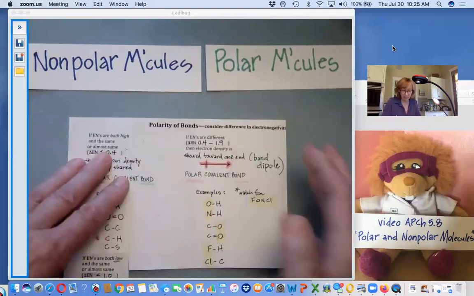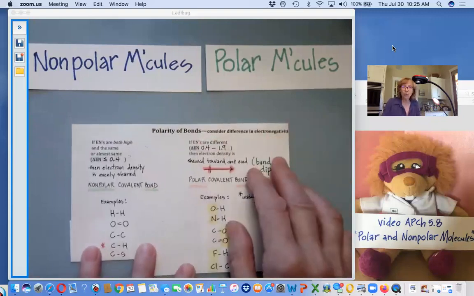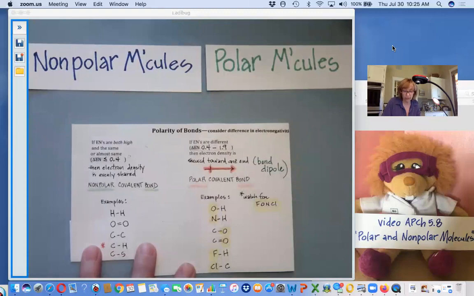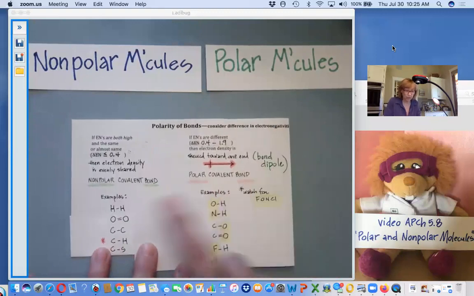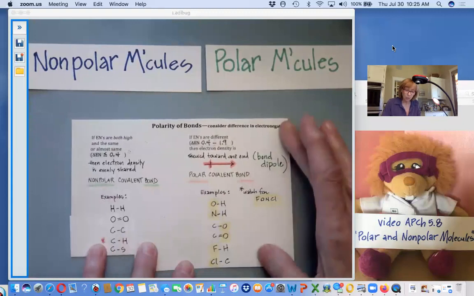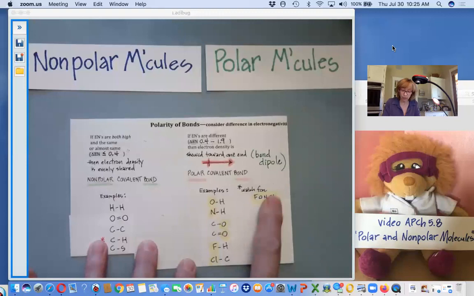Today, instead, we're looking specifically at collections of nonmetal atoms which are sharing electron pairs in covalent bonds. So let's look at the difference between a polar covalent bond and a nonpolar covalent bond. We said that a polar covalent bond is recognizable if you just watch out for fluorine, oxygen, nitrogen, or chlorine as one of the atoms in the bond, and then the other atom is not one of these.